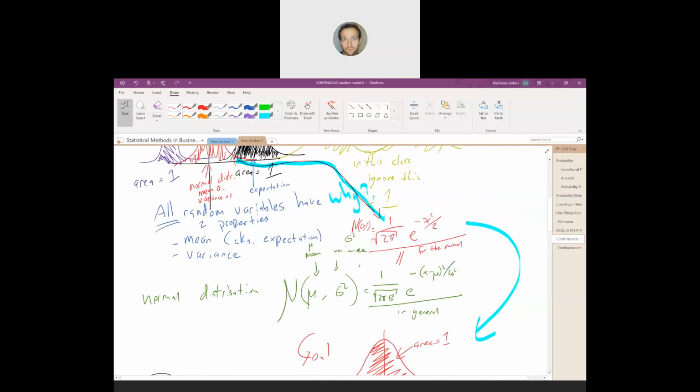I think it's a good thing if you can look at an equation, maybe not memorize it, but just for later on in life, if ever you see this, it's not just magic or random symbols. There's a reason that you can picture behind it. This part gives the curvy shape, and this part fixes the area.